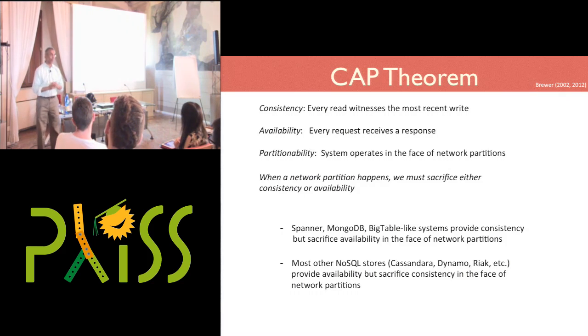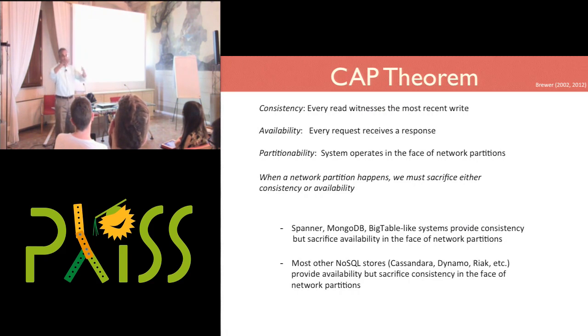So what the CAP theorem basically says is, if you give me partitionability, you will only be able to achieve one of consistency or availability. That is to say, if you want to be robust in the face of partitions, you will either get consistency, that is, you can make sure that everybody sees the same data, but if there's another failure somewhere, if a node goes down, you're not going to get a response.